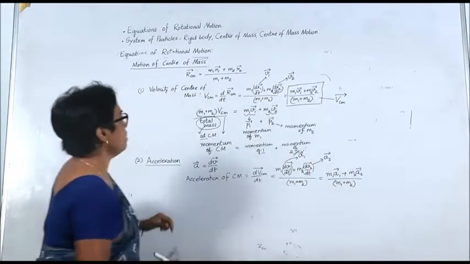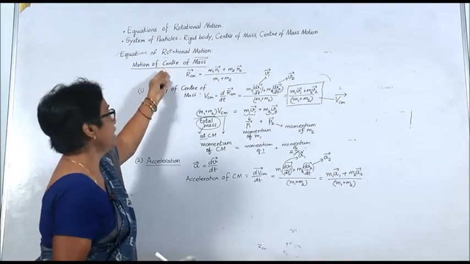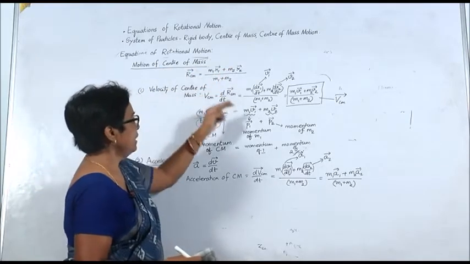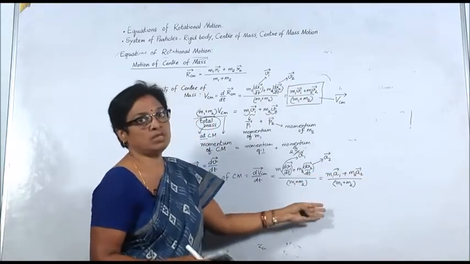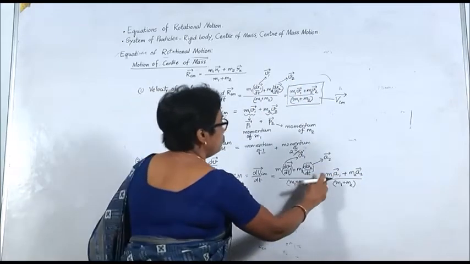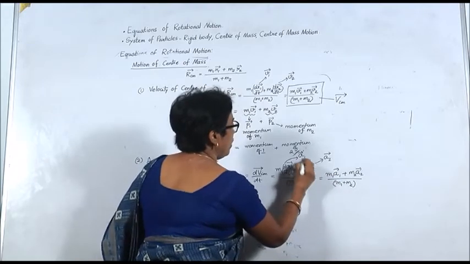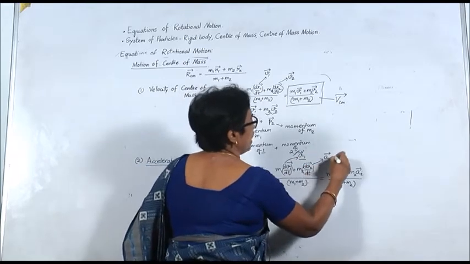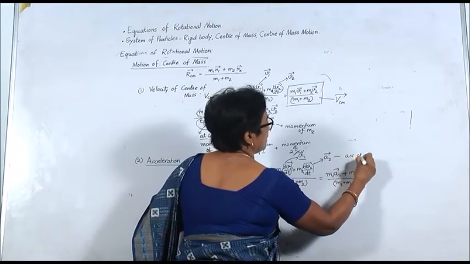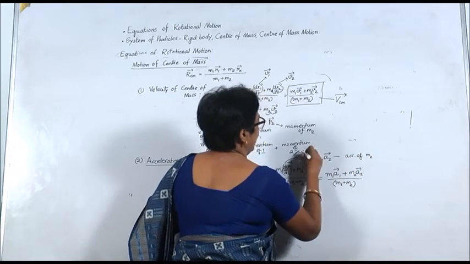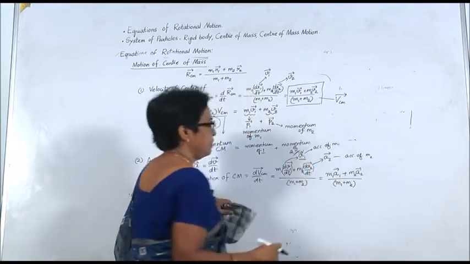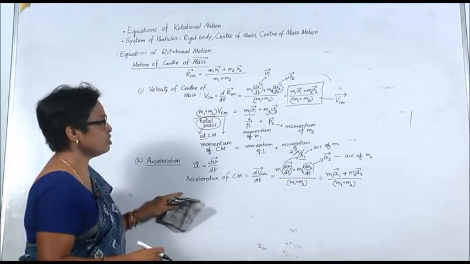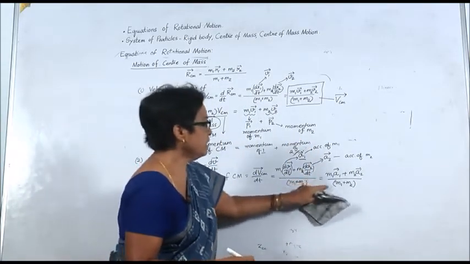A similar type of equation: in the first equation we had positions r1 r2, here velocities, here accelerations, nothing much different. Here a1 is the acceleration of m1 and a2 is the acceleration of m2. So, acceleration of center of mass is this.